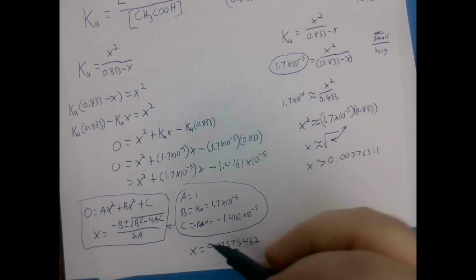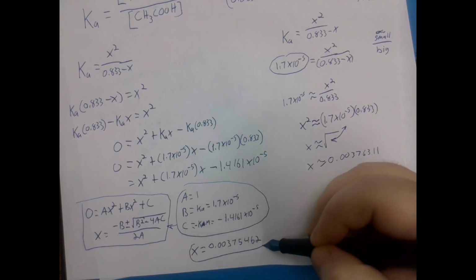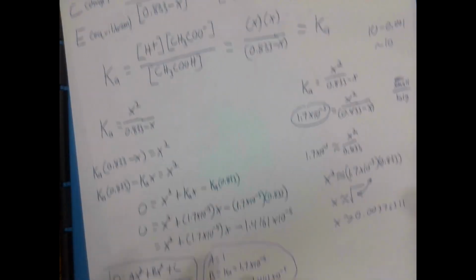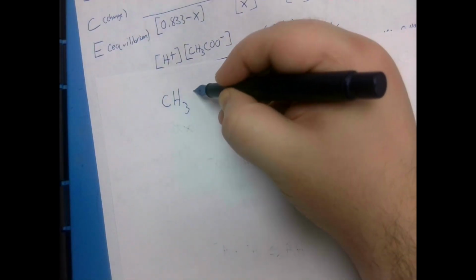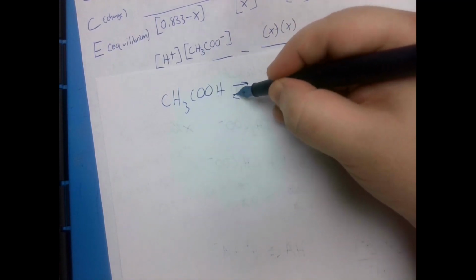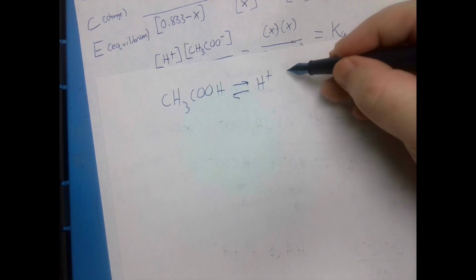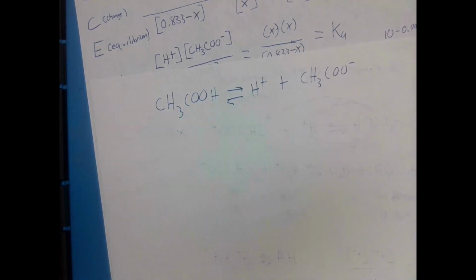So I'm going to choose to do the full algebra expression and use this value. So what do we have? We have CH3COOH, acetic acid, will partially dissociate into H plus and CH3COO negative.